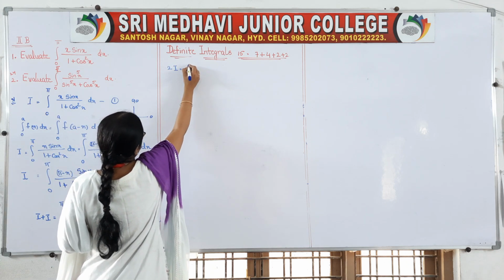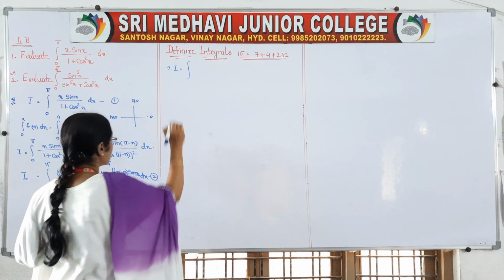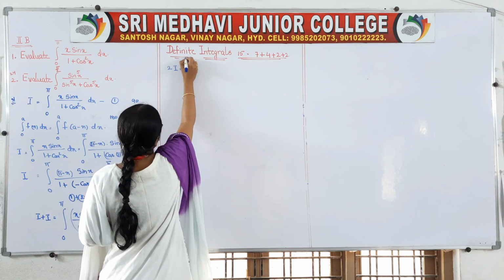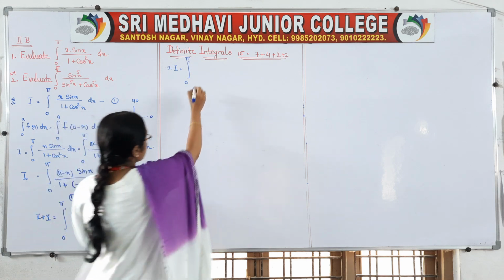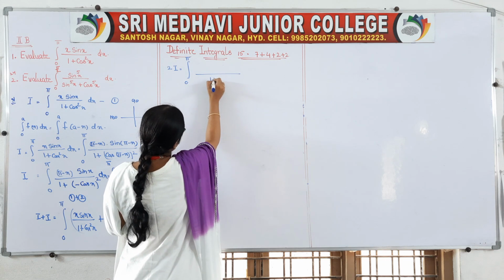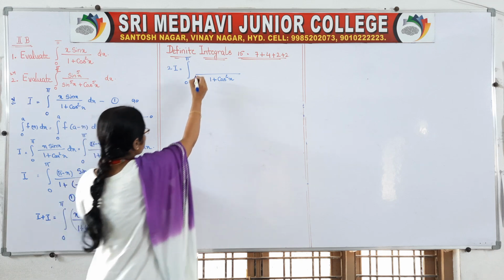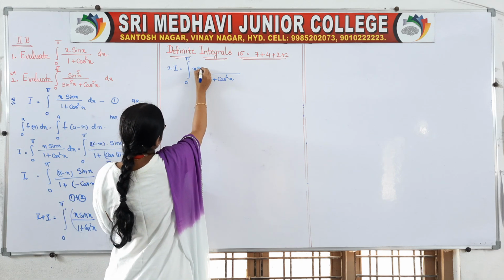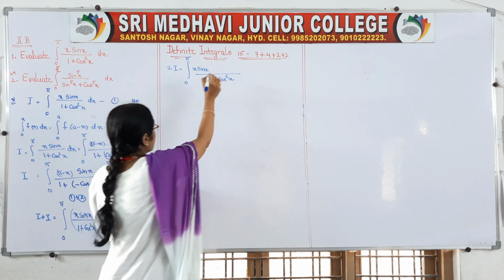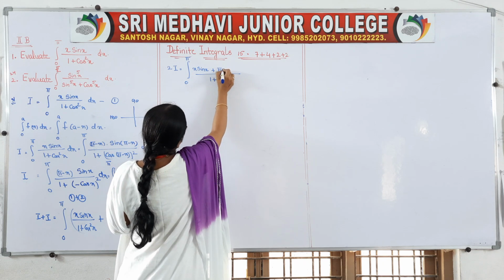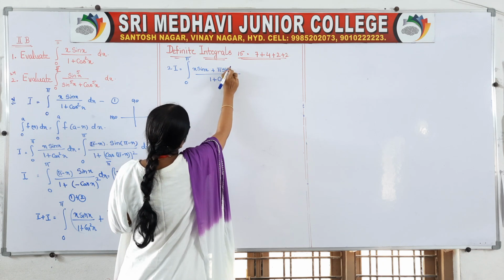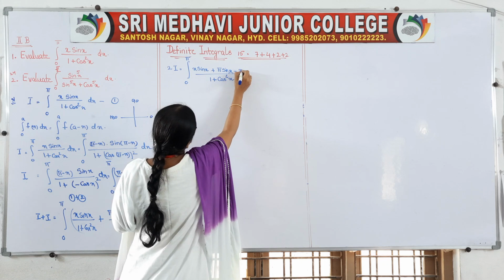2I is equal to integral 0 to pi. Downwards the LCM is 1 plus cos square x, and upwards we will take x sin x plus pi sin x minus x sin x.